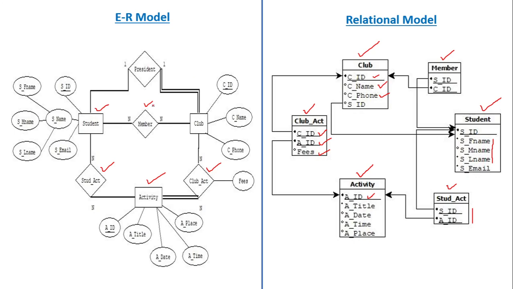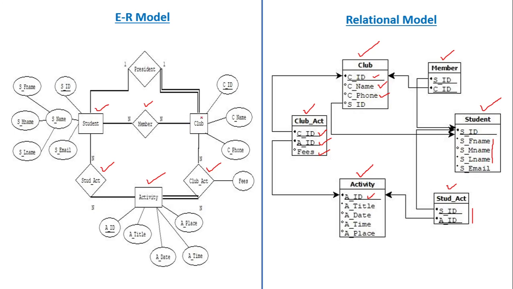Our rule says, if this is a one-to-one relationship set with total participation, meaning every club must participate in this relationship set president.